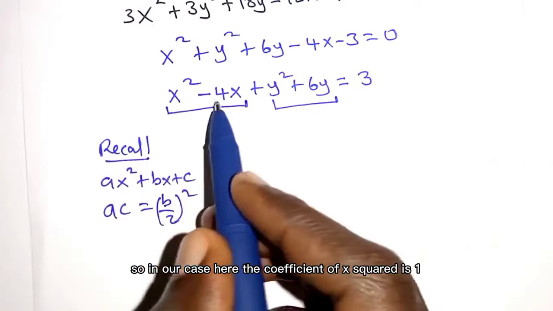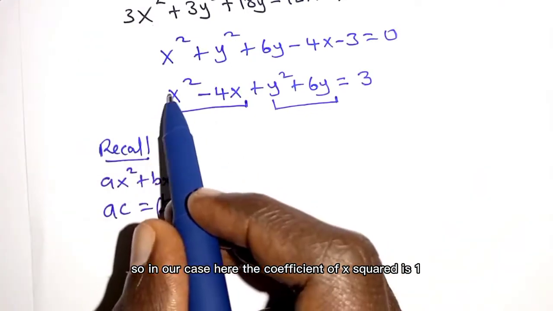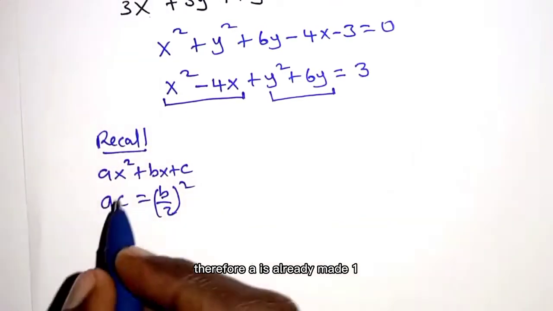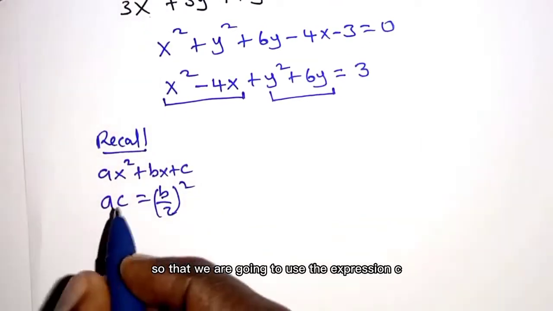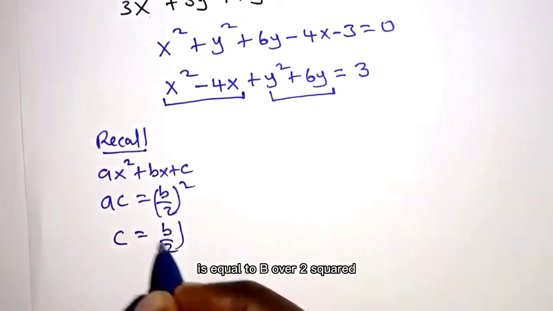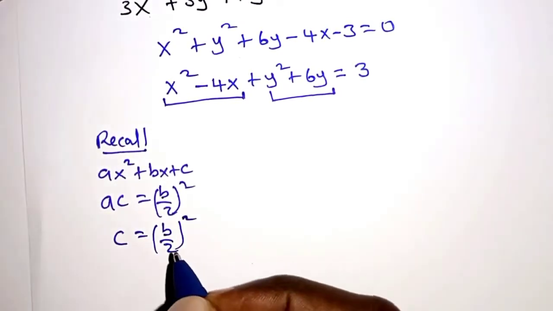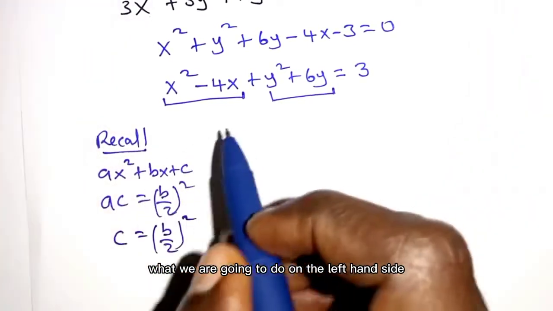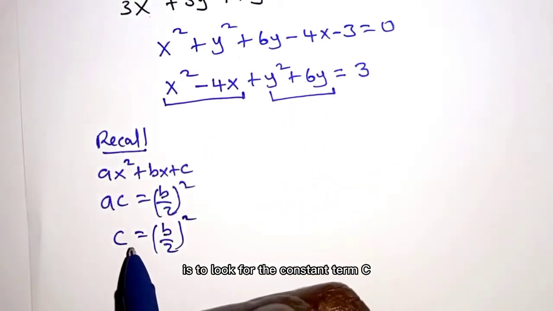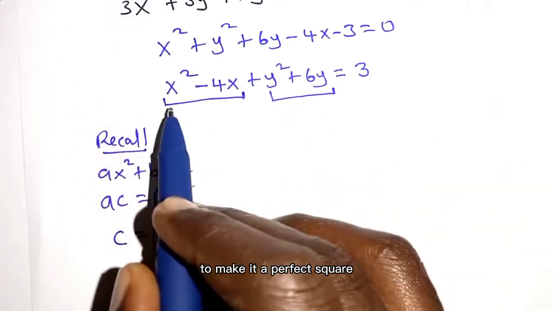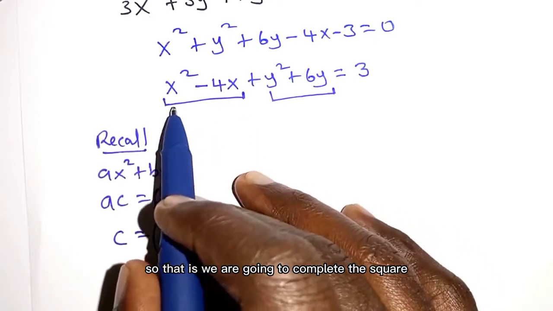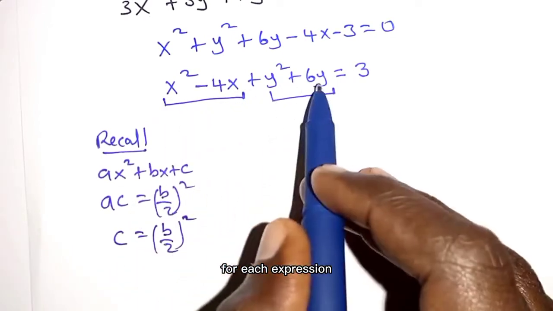In our case here, the coefficient of x squared is 1, so a is already 1, so c is equal to b over 2 squared. So in other words, what we're going to do on the left hand side for each expression is to look for the constant term c to make it a perfect square. So that is, we are going to complete the square for each expression.